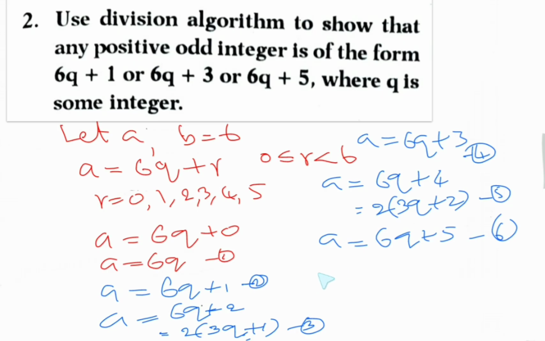From all these, we can write that odd integers are 6q plus 1, 6q plus 3 and 6q plus 5.